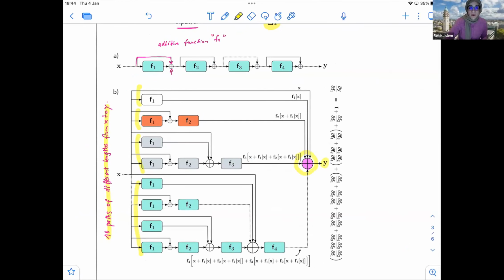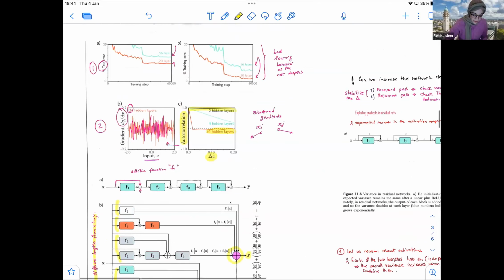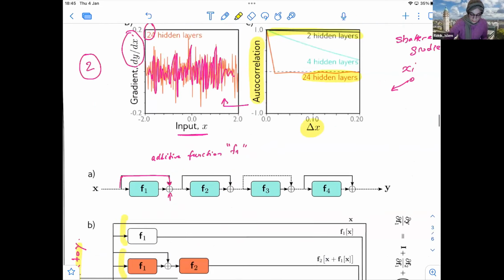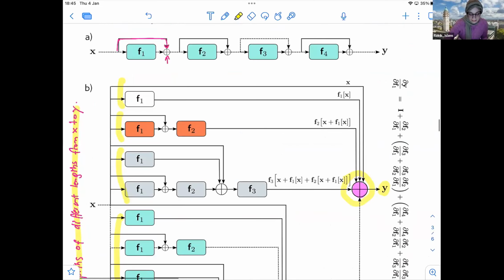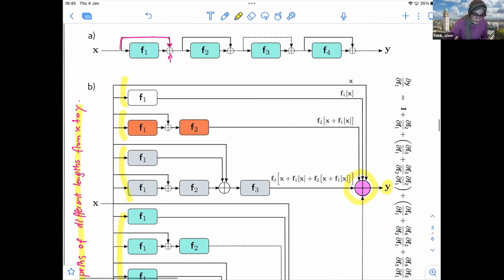So our hope is that with this kind of stacking of nested networks, we will regularize the learning of the network, and we will diminish or decrease the fluctuation of the gradients over here. The idea is that as the network gets deeper, the gradients may explode towards the end, or they may vanish.